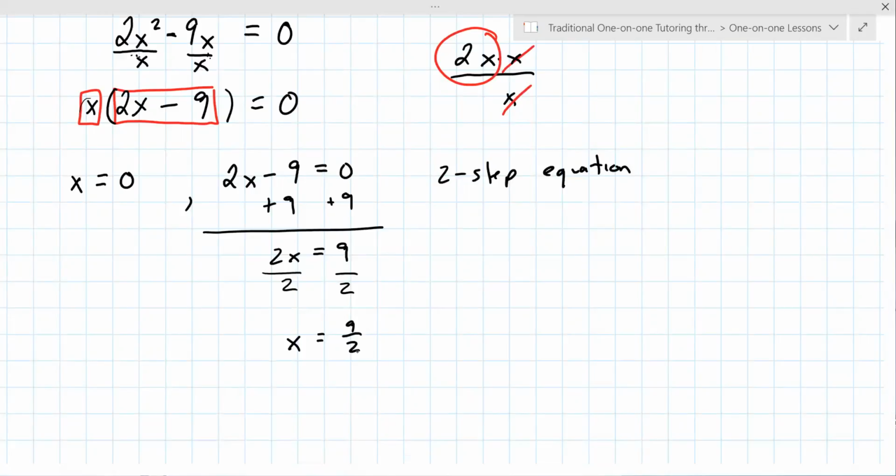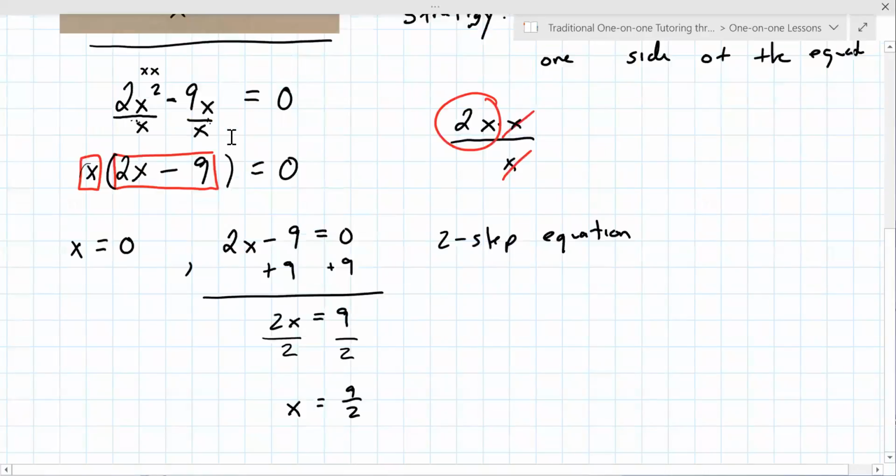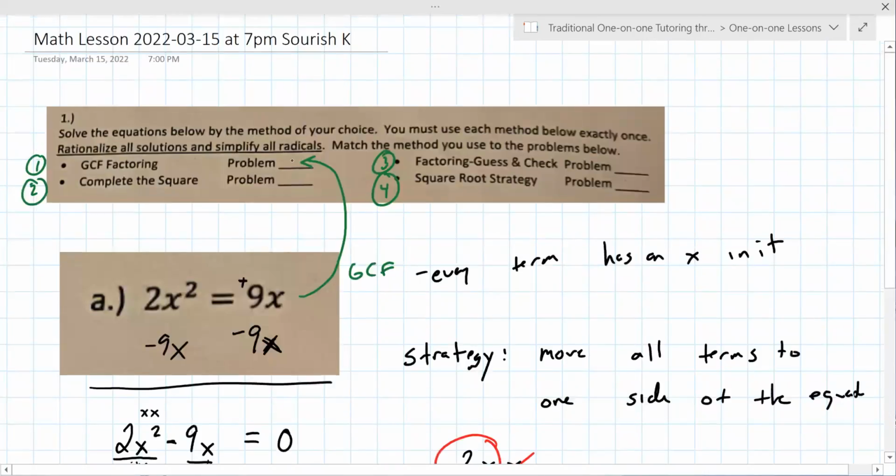Okay, there we go. So you got all this down? Fantastic. So we've dealt with GCF factoring. That's problem A. My guess is that 3 or 4 is kind of your next strength.